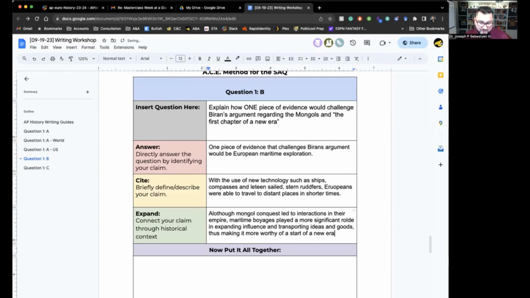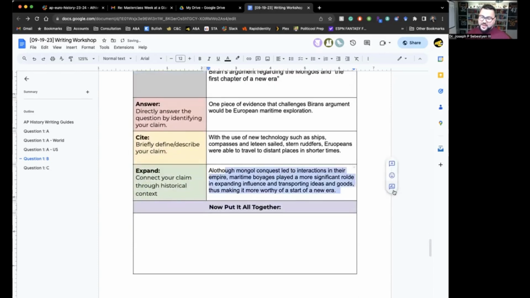So guys, that sentence right there could be used in an LEQ or a DBQ to refute claims. What I mean by that is the claim that the Mongols, because they were good on the trade routes, helped bridge, they helped exchange of ideas.